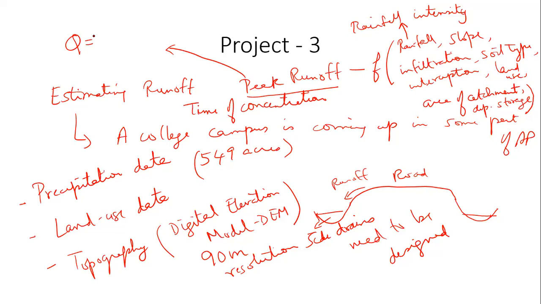CIA. A is the area of your catchment. In this case, it's your college campus. We are assuming that any rainfall that falls outside the campus is not entering our campus. We'll assume that our campus itself is its own watershed. Okay, it may not be accurate.